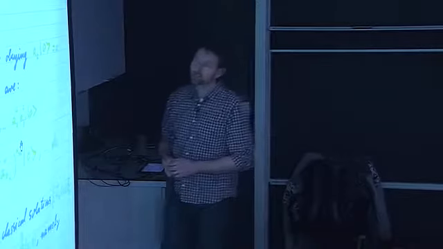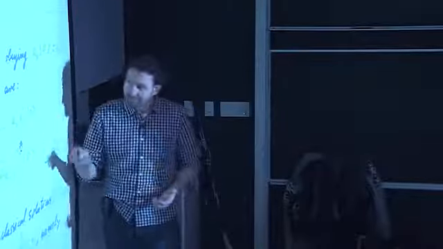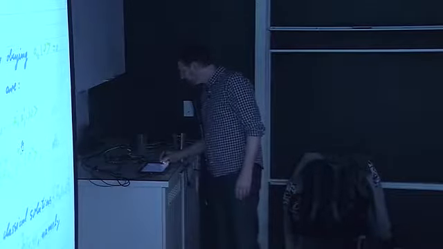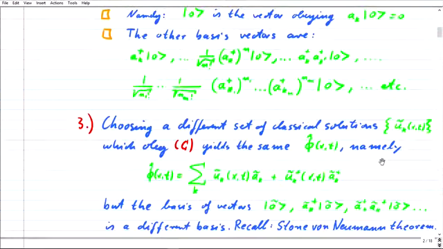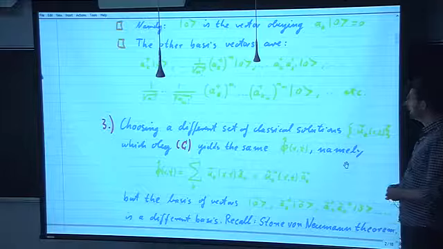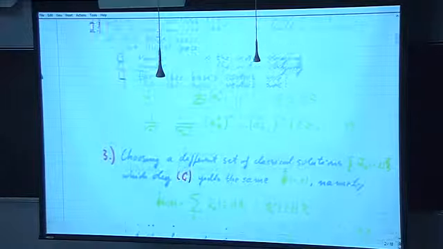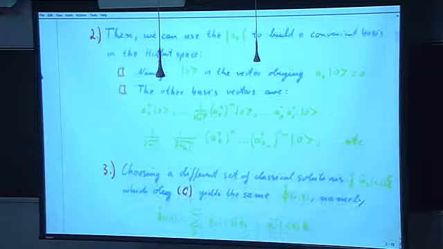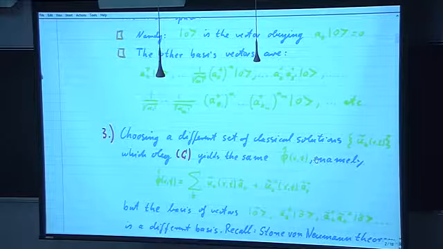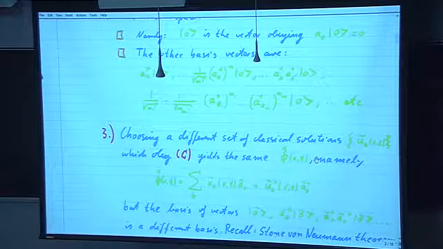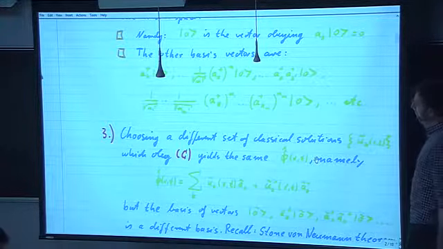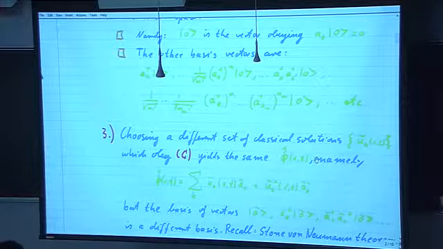So that's all fine, but again, the mode functions are not unique. We could choose a different set of mode functions, a different set of classical solutions U tilde now, which obey the Wronskian condition here, and are solutions, of course, of the Klein-Gordon equation. And in principle, in a generic curved spacetime, there is no reason to prefer a priori the U mode functions over the U tilde mode functions.